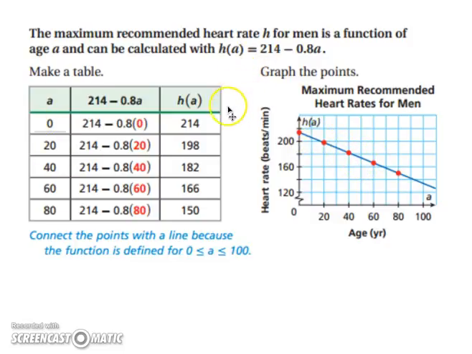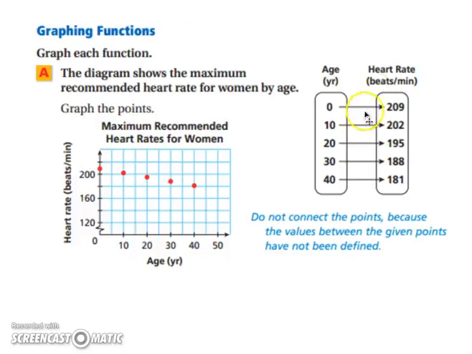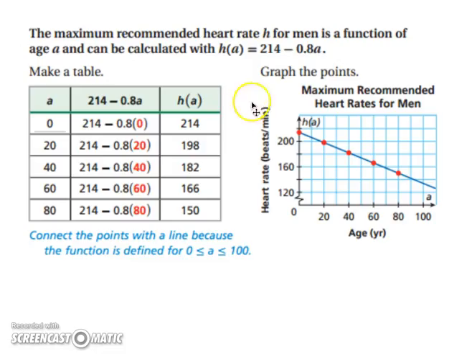They weren't the values that were given as in a mapping example where they only gave you 0 goes with 209, 20 goes with 195. It's continuous. And that's our lesson on function notation.